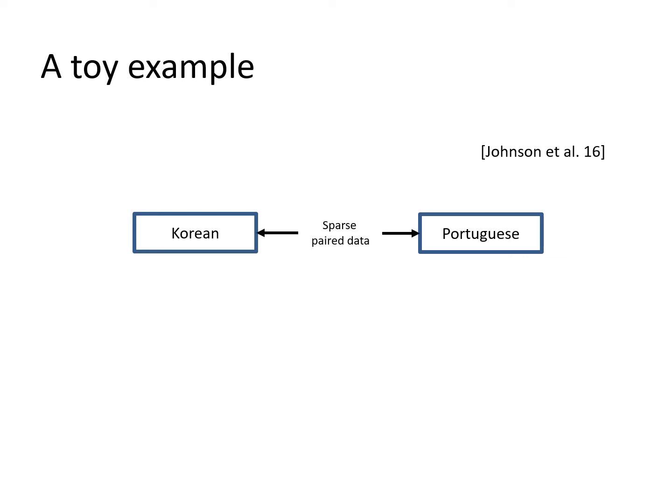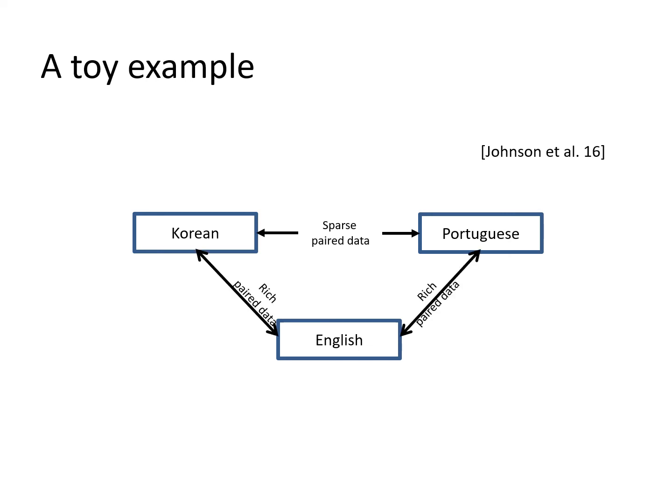So when you translate one language into another, to train a neural network, we need sufficient training data. So instead of just looking at those two languages, we can address this issue by introducing a model language which has rich paired data with the first two languages.